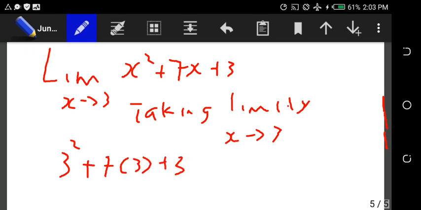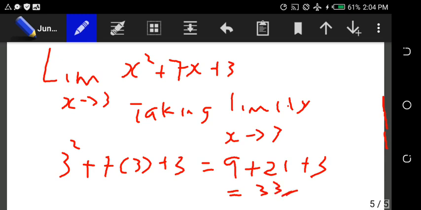All this that we have here is what we have simulated, only that we have replaced the values of x with 3, which is given as the limit. This will give us 3 squared, that is 9, plus 7 times 3, that's 21, plus 3. Altogether, 9 plus 21 is 30, plus 3, that is 33. And this is your answer.